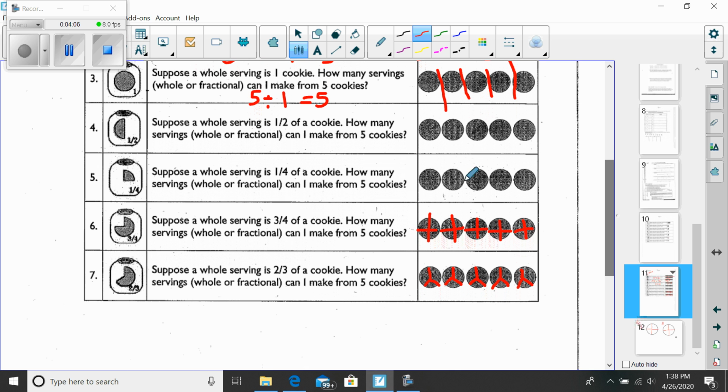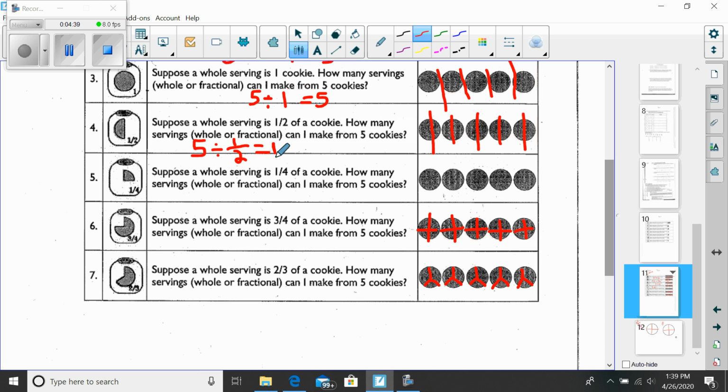What if I have 5 cookies, but this time the serving is half a cookie? So I have to do 5 divided by a half. If I thought of the measurement subtractive concept of division, how many halves can I measure off of 5? The number of halves that get measured off of 5 is 10.